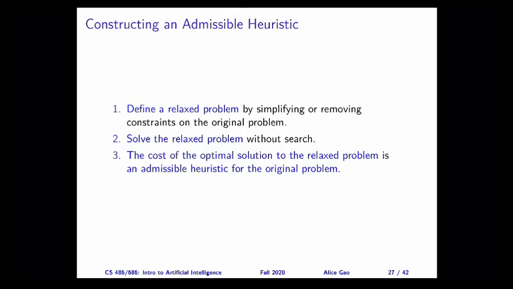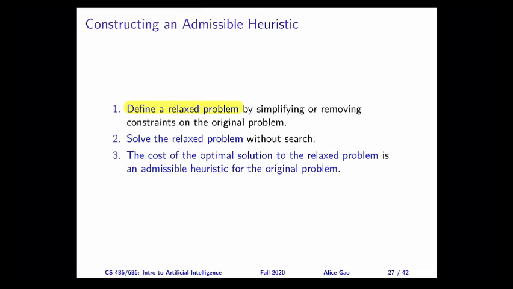How can we construct an admissible heuristic function? Let me describe a general procedure you can follow. First, take the original problem and relax it. How can we relax a problem? Usually, the problem has some requirements. These requirements are expressed as constraints.